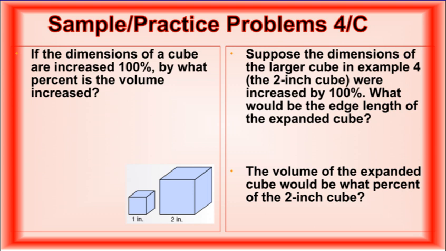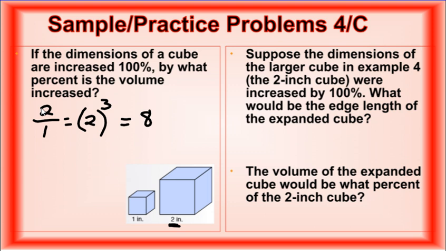So for this one, to find the scale factor from the larger one to the smaller one, the side of the larger cube is 2 to 1 in the smaller one. That would give us a scale factor of 2. If that's the scale factor, and we're dealing with volume, we would have to cube that, which would be 8. But this is dealing with percent.